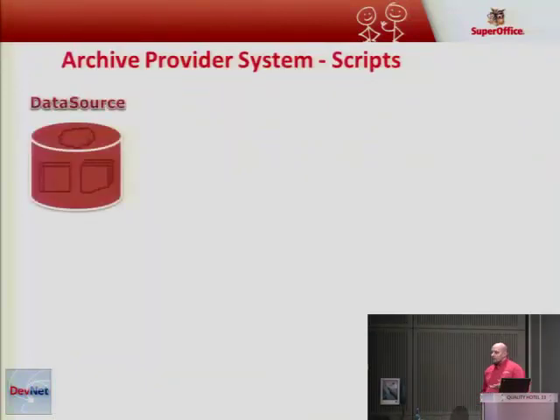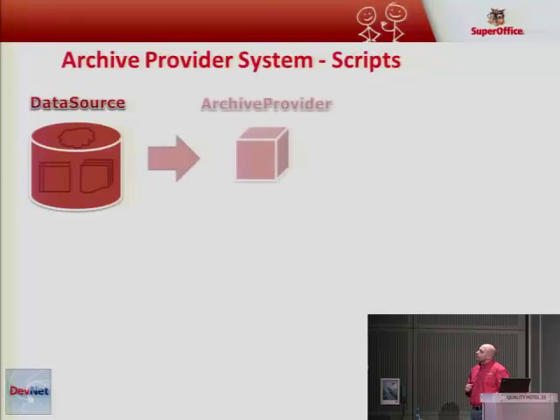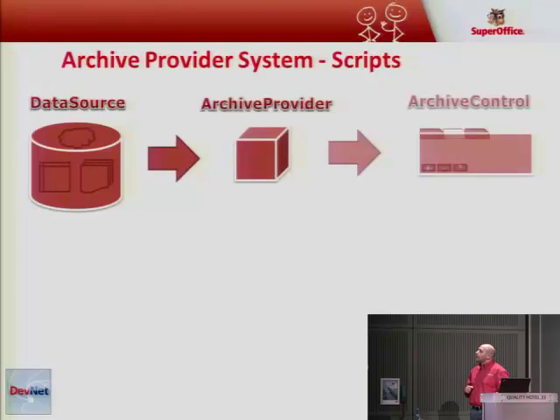So the actual invocation of this archive system inside the Windows client using scripts, basically this is the workflow. First you get a data source that's calling and invoking an archive provider, where you load the control, it's invoking the archive provider, and it's grabbing the information from the data source.